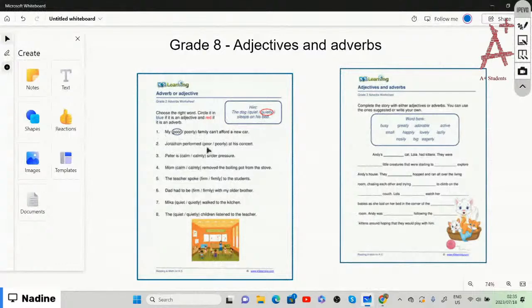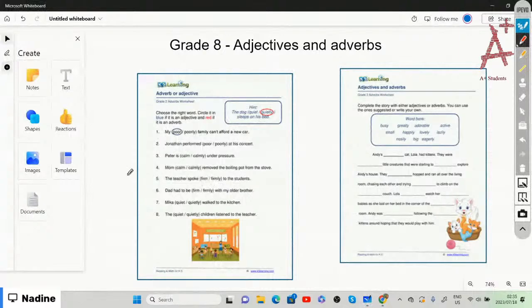Jonathan performed poor at his concert or poorly at his concert. So we need to either choose red or blue. In this case, poorly describes how they performed.